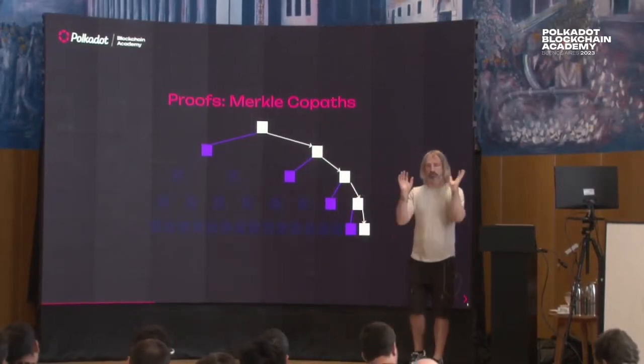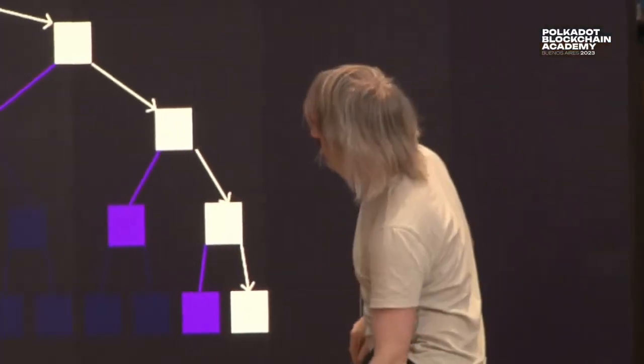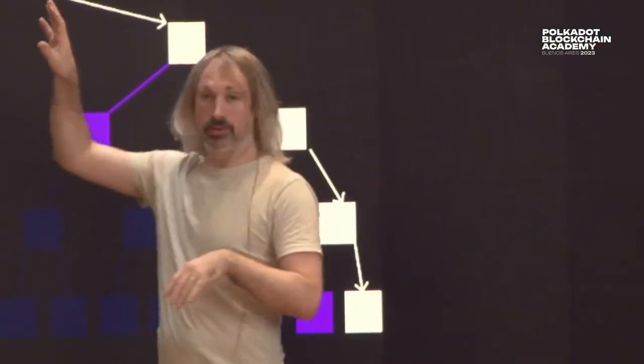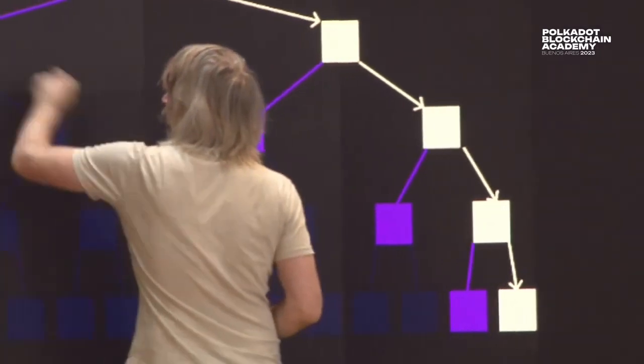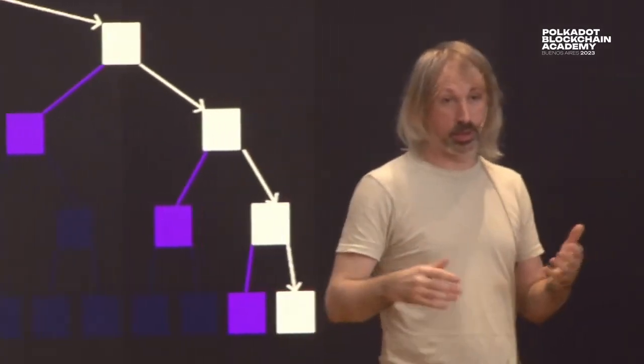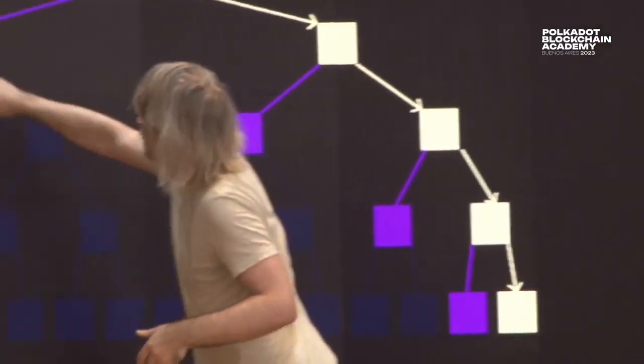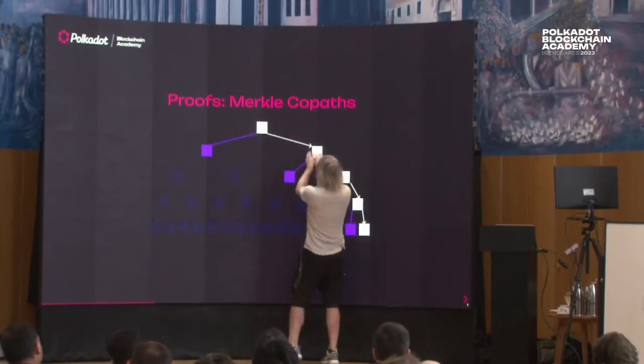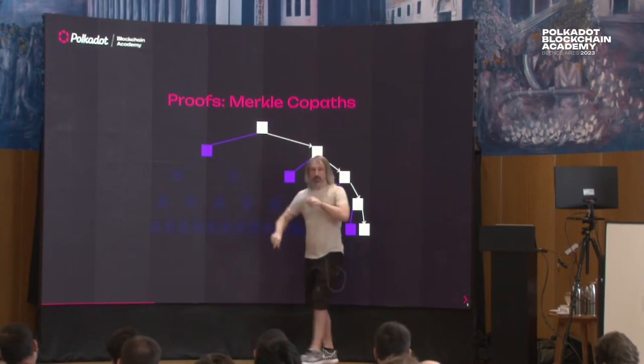Yeah? X was determined, we will assume, because we trust it, from a real tree. If they want to convince us that X means something different than that tree, then they would have to come up with a purple hash, whatever this hash is, such that when combined with the result of these two, it got the same X.